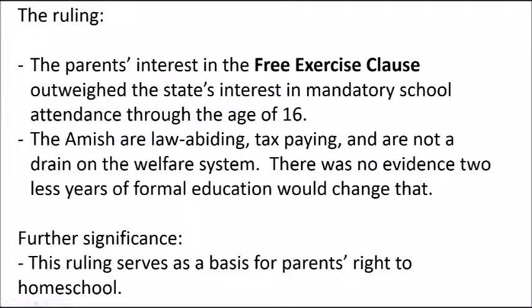From state to state, they started to really make uniform laws saying, okay, most kids have to go to school, a public school or a private school, until age 16. They were trying to get rid of child labor at the time, and they figured if you had to require kids to go to school, then that would end child labor. But after this case, you saw a lot of those kids start to be homeschooled.